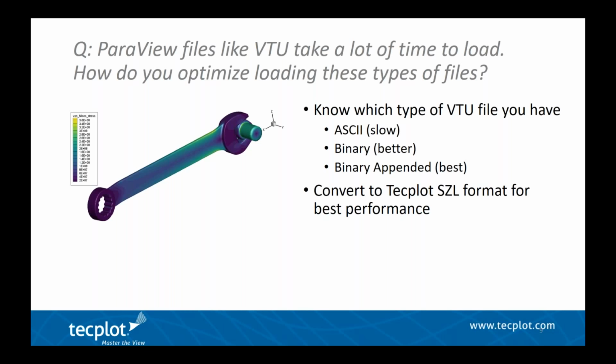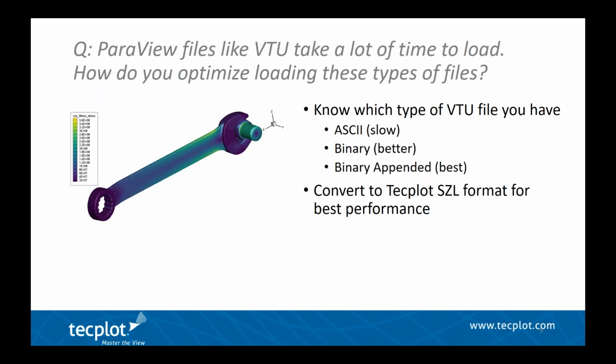If you don't have control over the type of VTU file that's written, you can always convert to a Tecplot binary format, which is going to give you very good performance. The Tecplot sizzle format, this is our subzone load on demand format, is going to give you the best performance. And this is compatible with the VTU data.